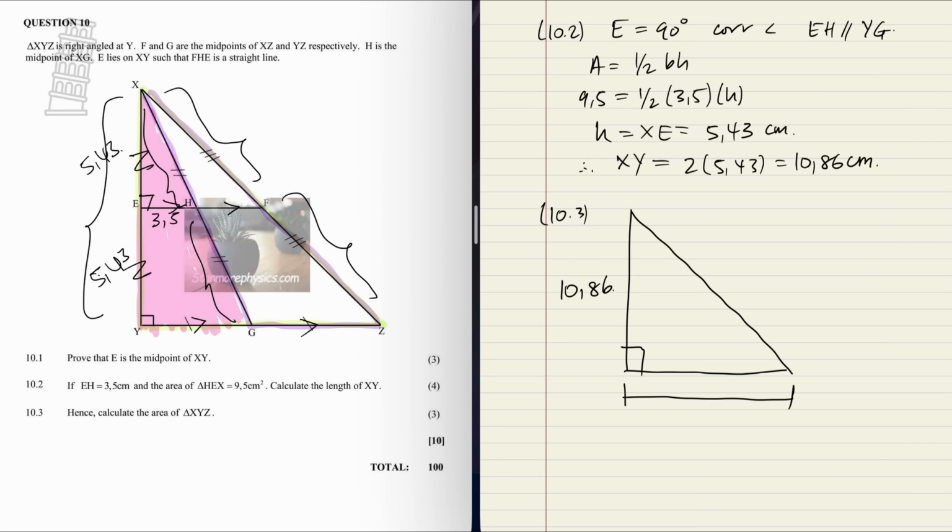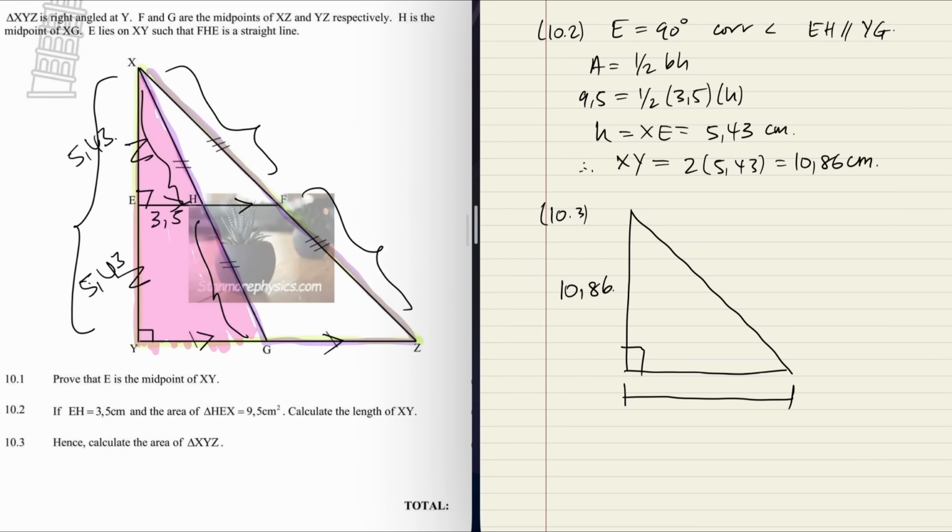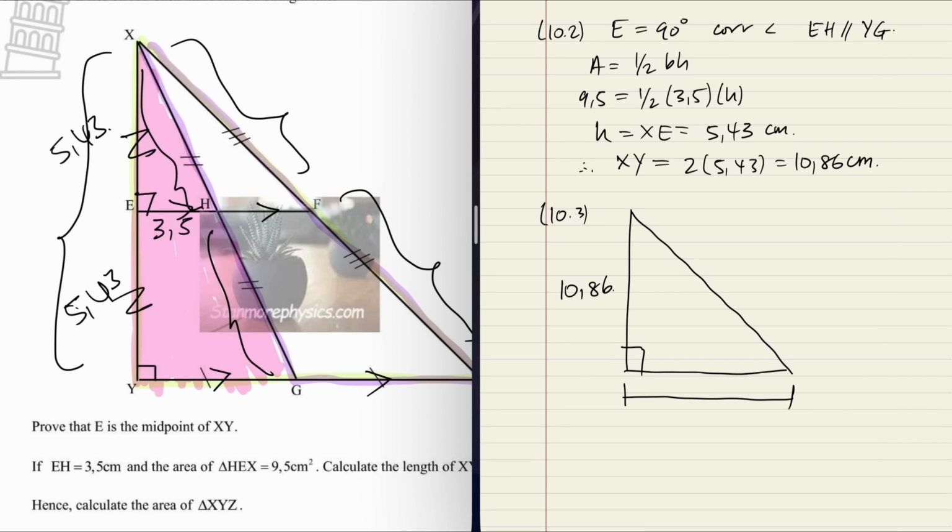Okay, but we can use midpoint theorem. So because we know that this is 3.5, right? And because of midpoint theorem, this base is going to be double it. This is going to be 7, right?